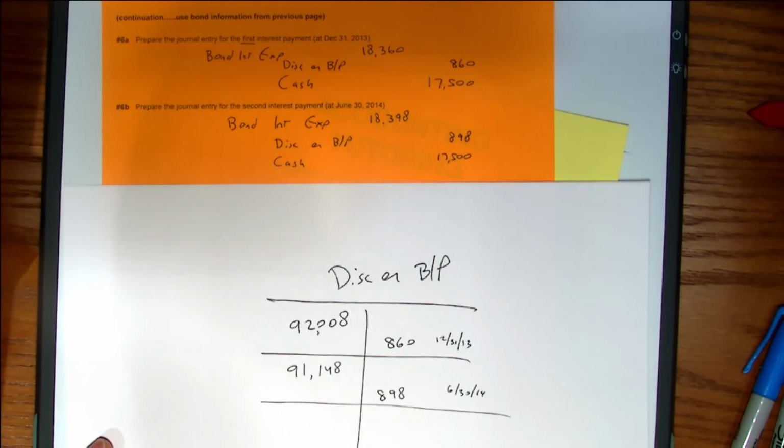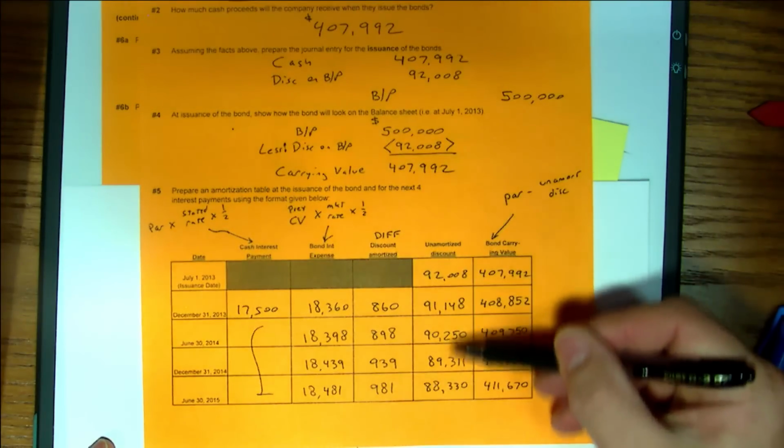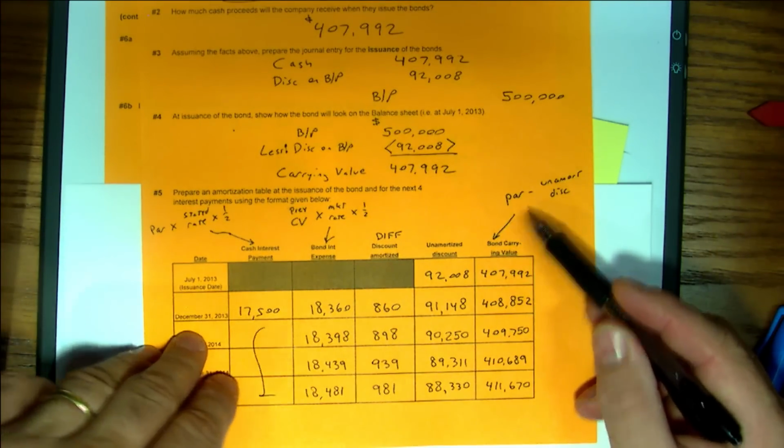So now my balance is, what is that? 9250. Okay, so that's really what's happening on this amortization table. See what I'm saying? But you're right, Luke. That's always the par value of 500,000 minus what's here.